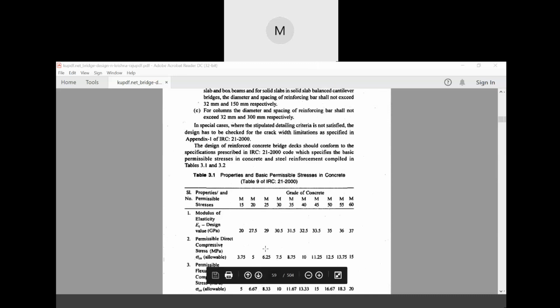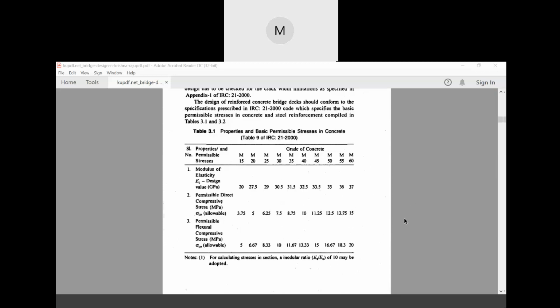Now look, here are certain properties and basic permissible stress in concrete. Fine. So properties and basic permissible stress in concrete. Number one is modulus of elasticity.